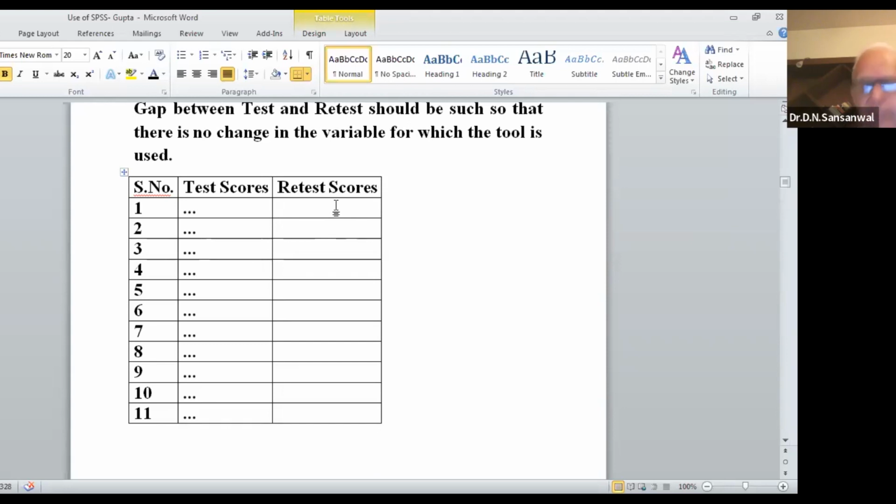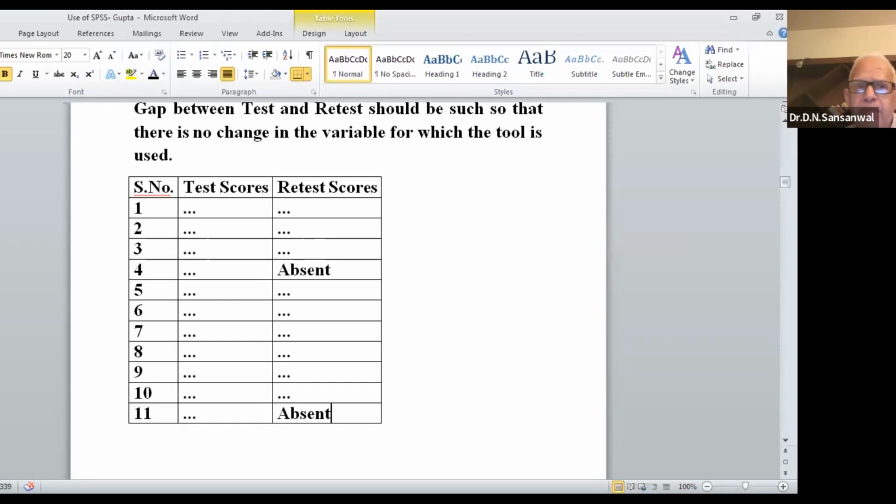Suppose one was present, the second also present, the third also present. Suppose this one was absent. So some of the people might be absent on the retest.